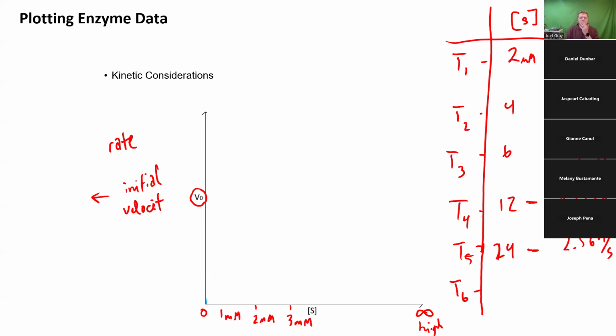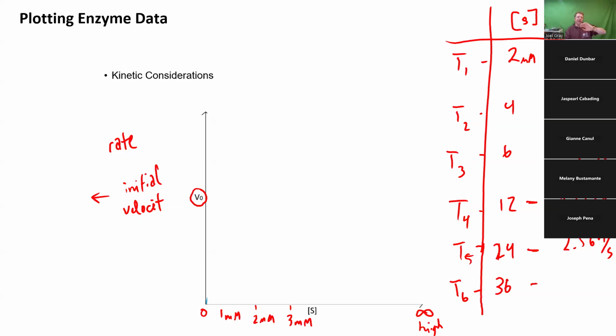Trial number 6. Let me ask you, do you think it's really worth doing a trial number 6 with a substrate concentration of 48? Heck, it doesn't really matter the number there. My question is, do you think it's really worth doing this sixth trial? No. But we can do it just for the purposes of looking at the numbers. Let's say we go with a trial 6 of 36.